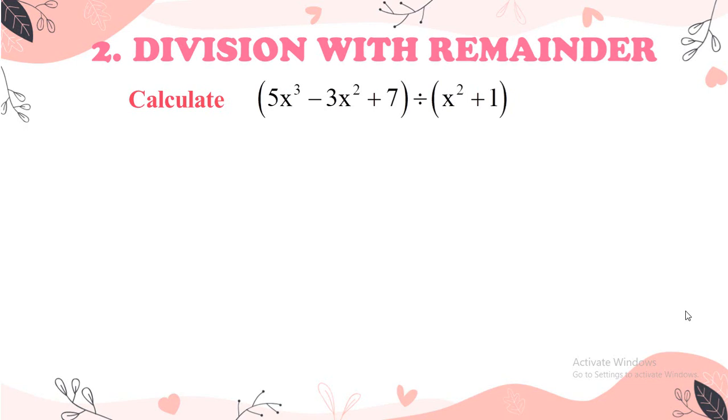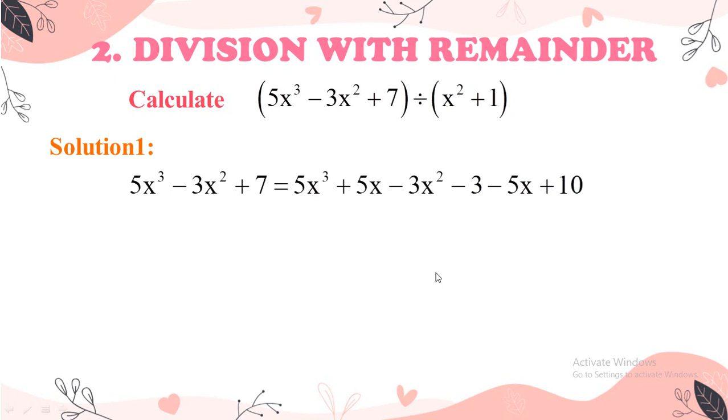Calculate (5x^3 minus 3x^2 plus 7) divided by (x^2 plus 1). Solution 1.